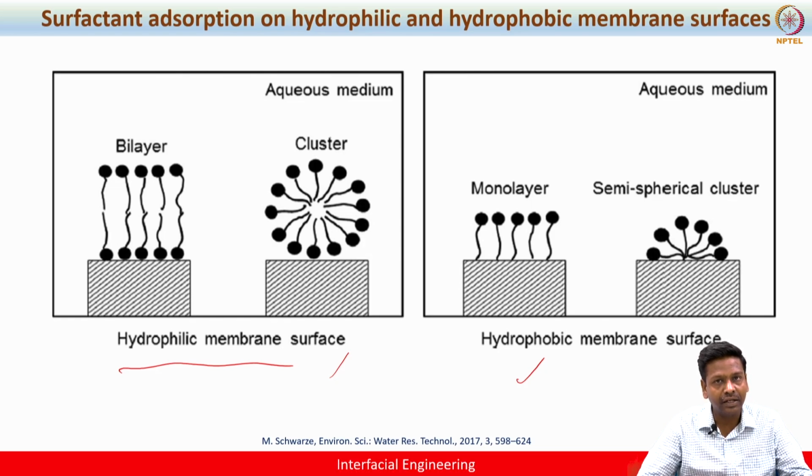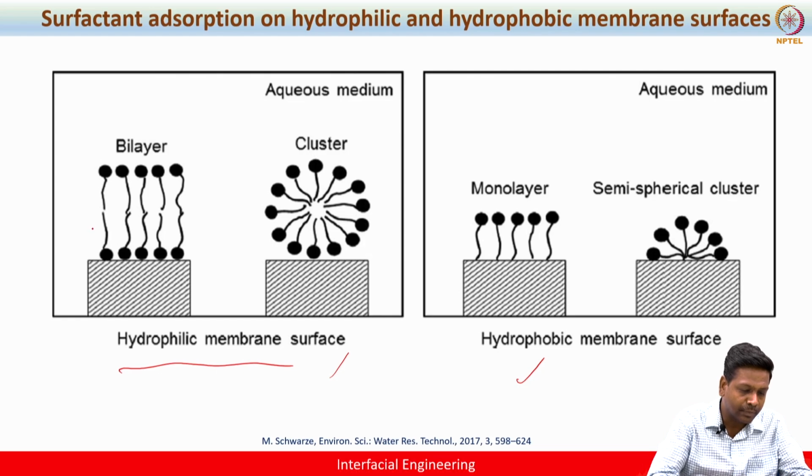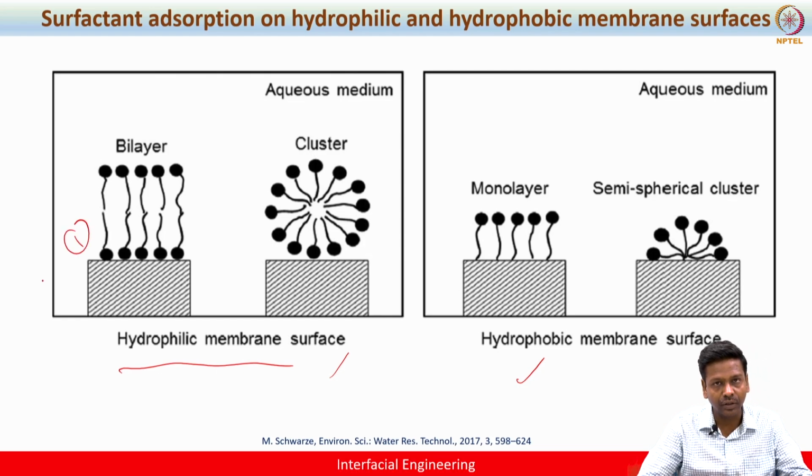The head group carries some charge, so there can be hydrogen bonding between the head group and the surface of the membrane itself. So you can expect a monolayer of surfactant to form on the membrane surface.